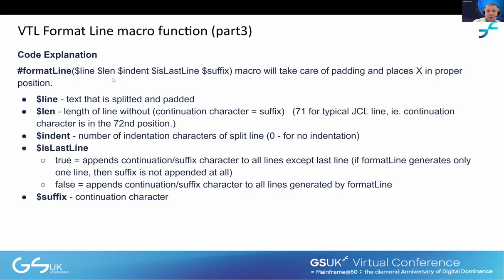In most JCLs, it's position 71, and you want to put the continuation mark on position 72. For last line, you could specify if this is the last line of JCL or not, and based on that, the marker would be on the following line or not. And suffix is what you want to be filled as a continuation character.